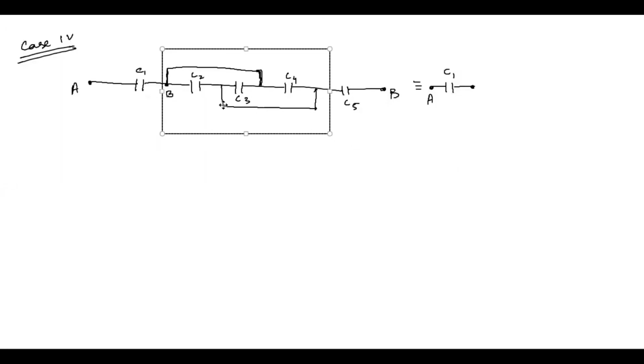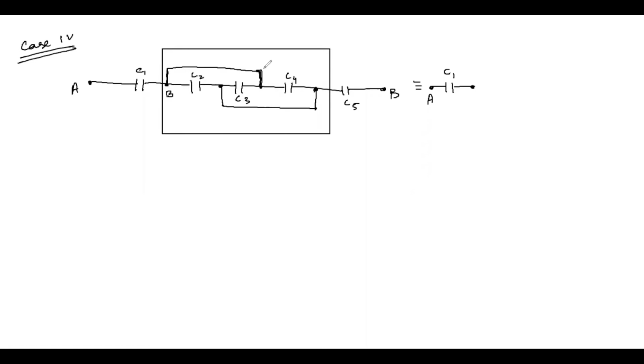It was case 2 where we drew it. There we studied that these 3 capacitors are connected in parallel because they are connected between different points, and different charges flow through all these three capacitors.